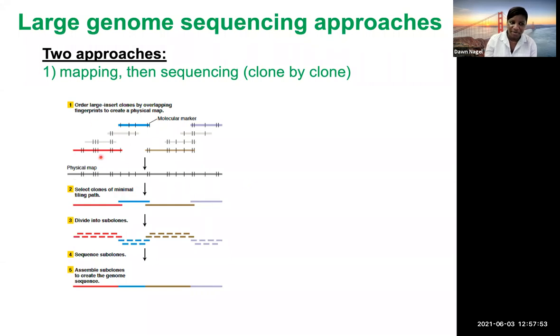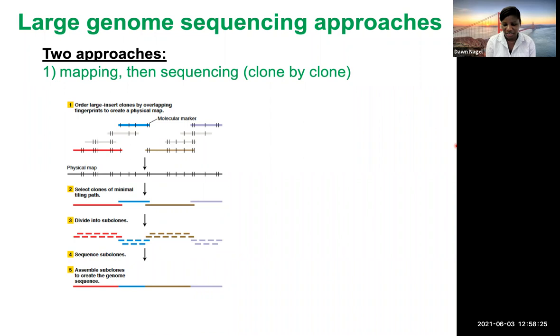So you're mapping the clones to a physical map first, and then you're sequencing. You're sequencing each clone, you know that this set of clones belong here because you already put it there because you had all these markers, okay? So this is one of the ways that we can sequence a genome with an easier way to assemble it, okay?